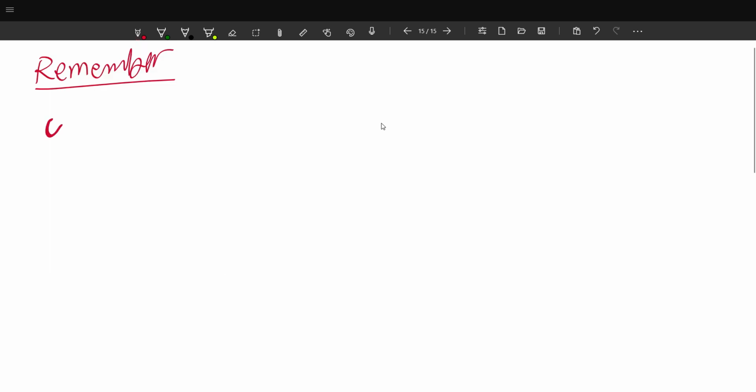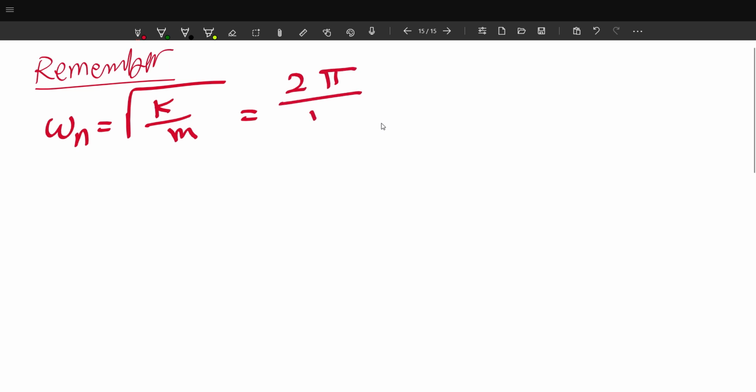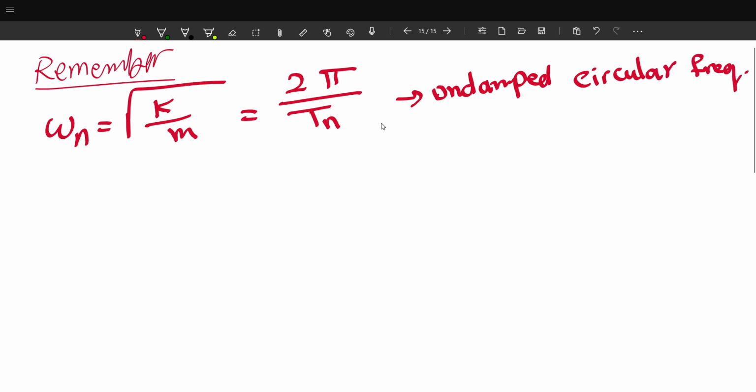First of all, omega n equals the square root of K over M, which equals 2 pi over Tn. This is equation number 1. We call this the undamped circular frequency.